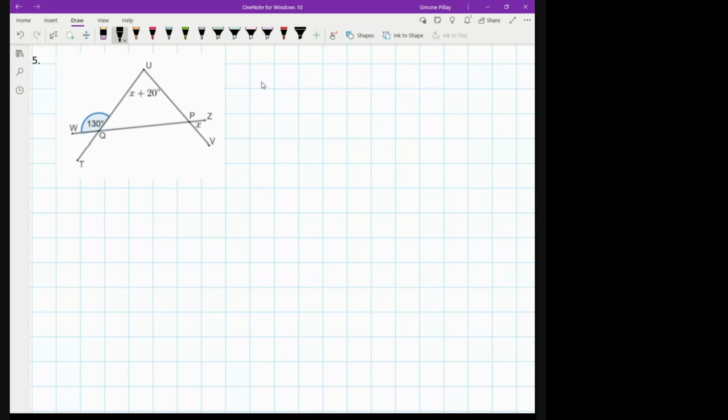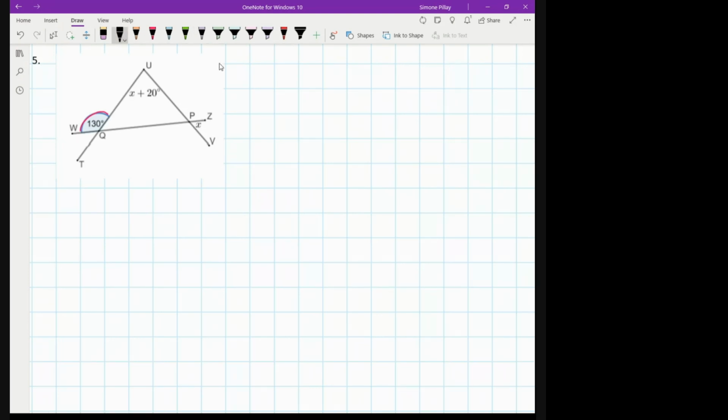So I can see an exterior angle, and I can also see a vertically opposite angle. So I can do 130 minus x plus 20 equals that P angle over there. No, wait. I want to restart the equation. What I want to do is calculate the unknown angles before calculating x, so you know what certain angles are.